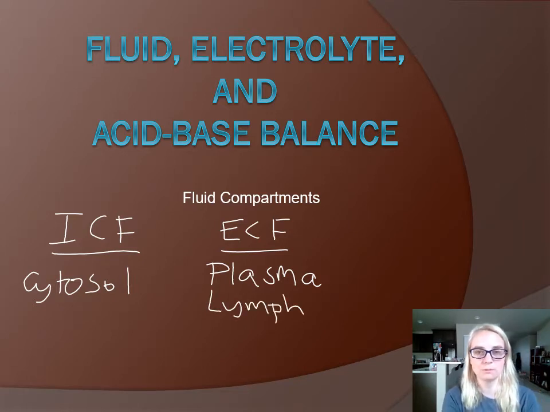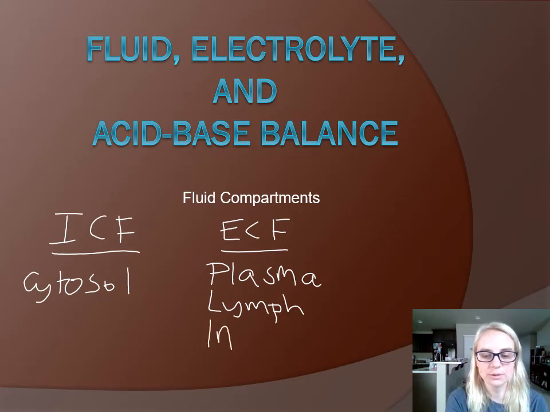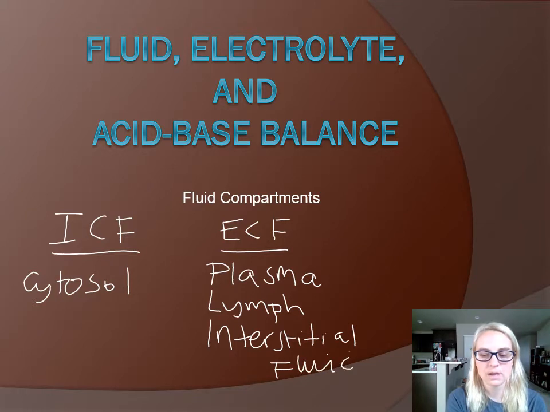So we know lymph is fluid that's found outside of cells. And then we have interstitial fluid. So those are the three biggies of where we're going to find extracellular fluid: blood plasma, lymph fluid, and interstitial fluid.